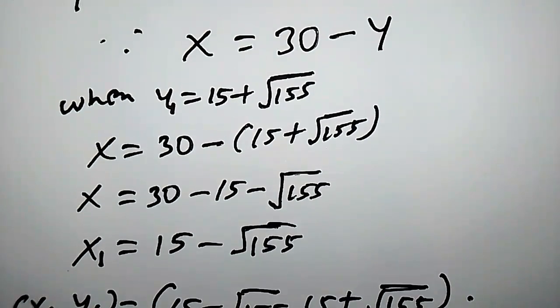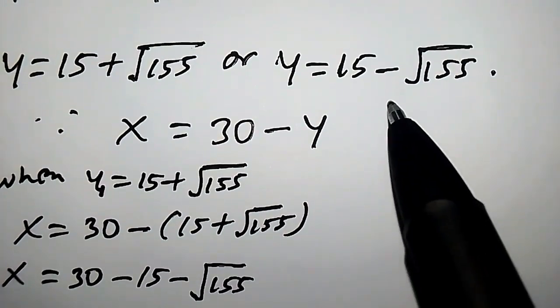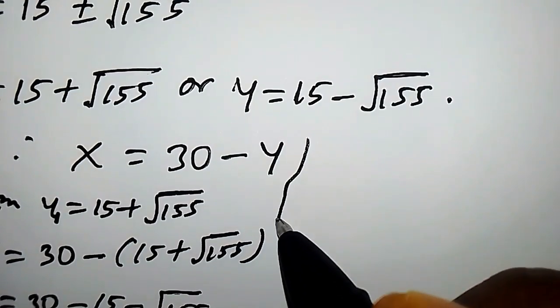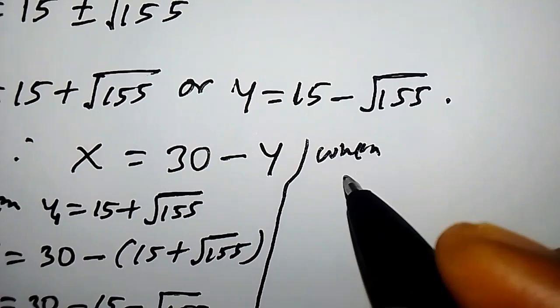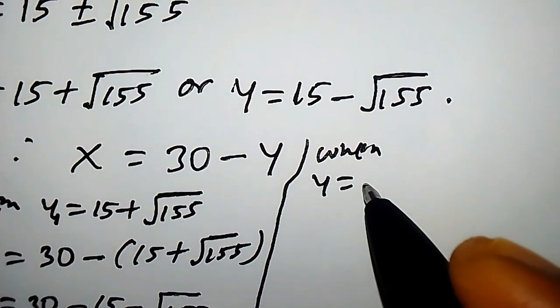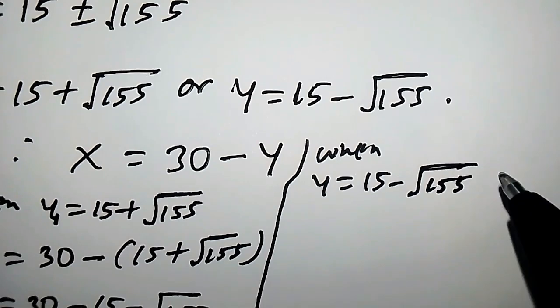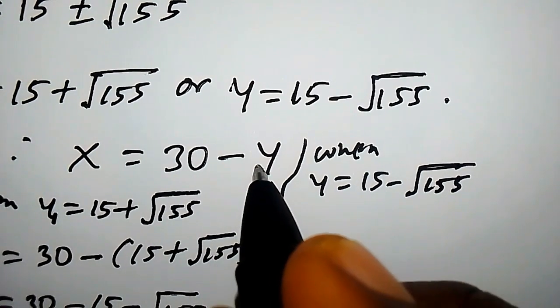Now let us consider the other value of y. That is, when y is equal to 15 minus root 155. When y is equal to 15 minus root 155, this means that we just have to plug in this value of y into this equation.